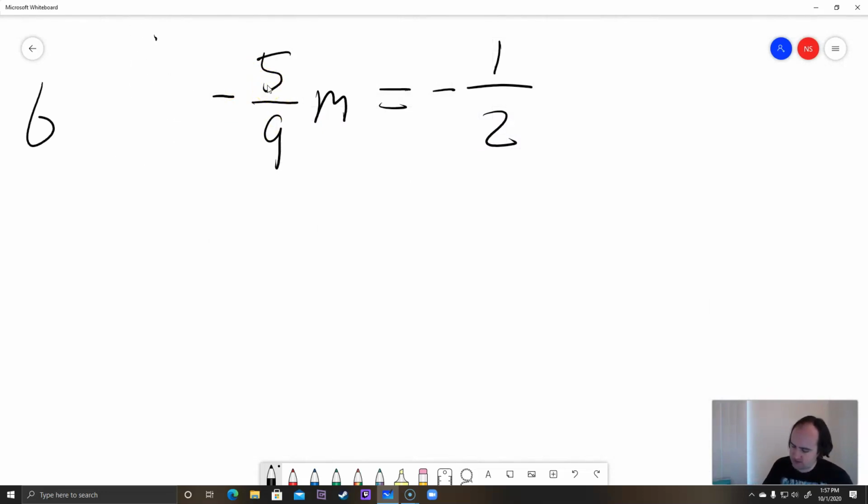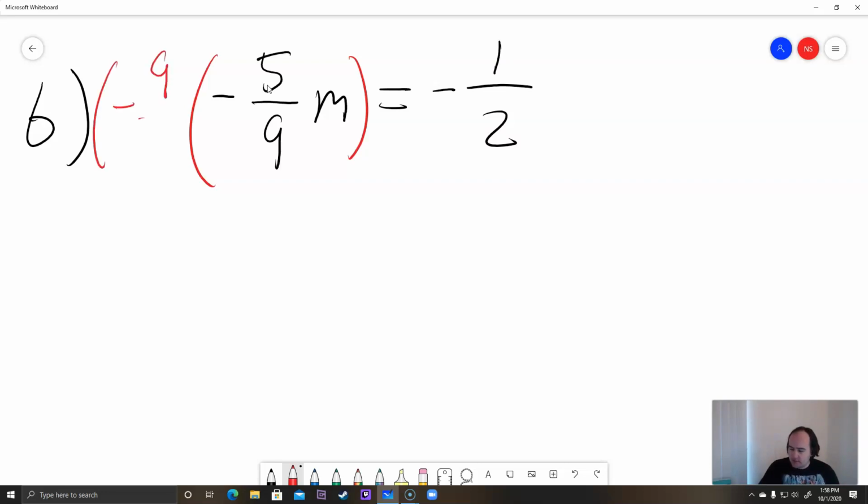But because it's a negative, the reciprocal is also going to be negative. The reciprocal of negative 5/9 means we flip it over, but it's still negative. So the reciprocal of negative 5/9 is negative 9/5. So we multiply both sides by negative 9/5.